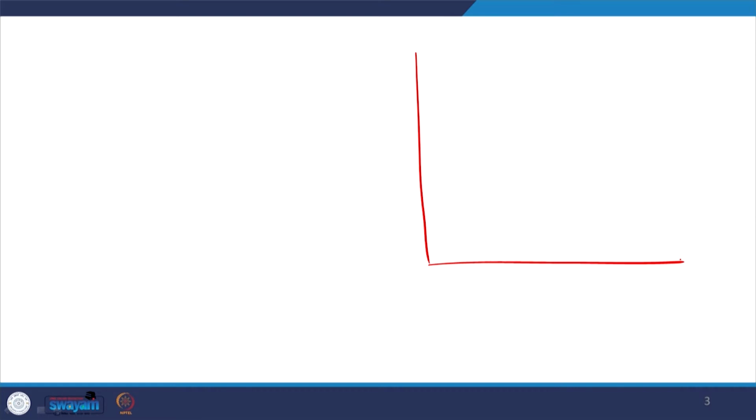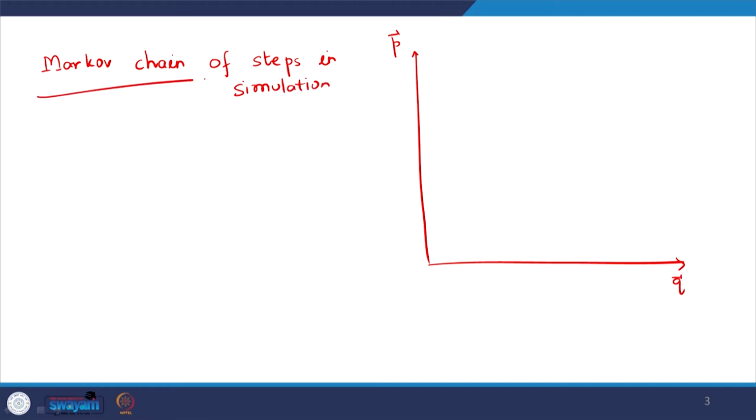We assume what is known as a Markov chain of steps in our simulation, and this means actually two things. First of all, I assume that there are a certain number of states that I am going to sample.